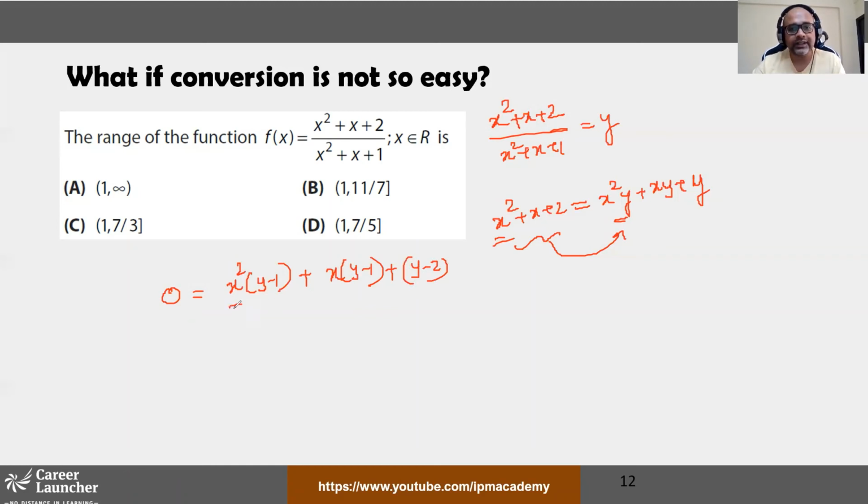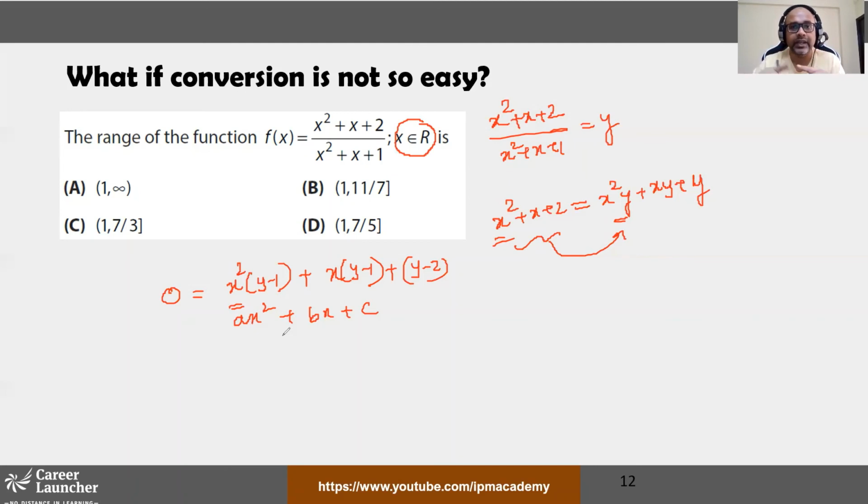Now if you notice, this is in the form of ax square plus bx plus c. This is a quadratic equation for me. Now they are saying that x is a real number, which means in my quadratic equation, for any y that I take, my x should always be a real number.